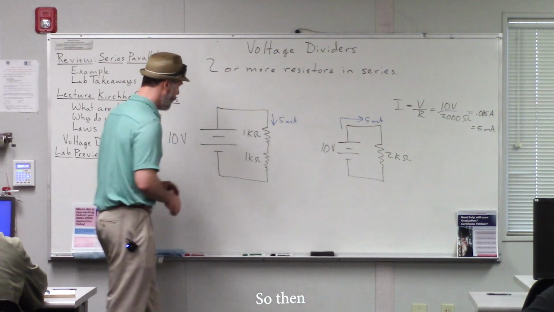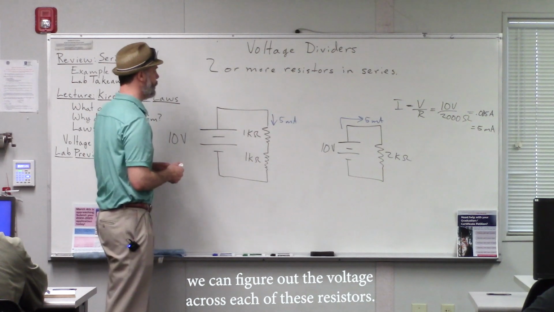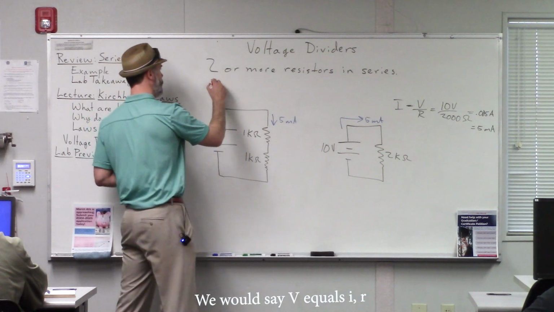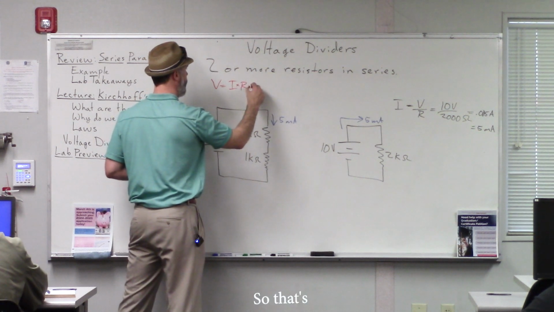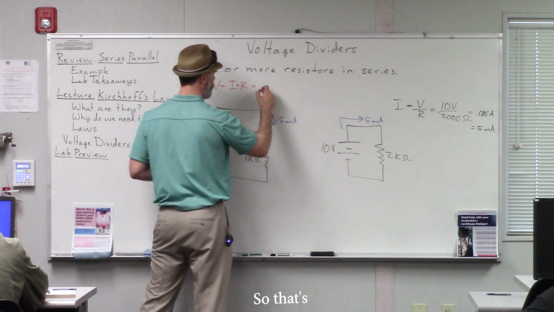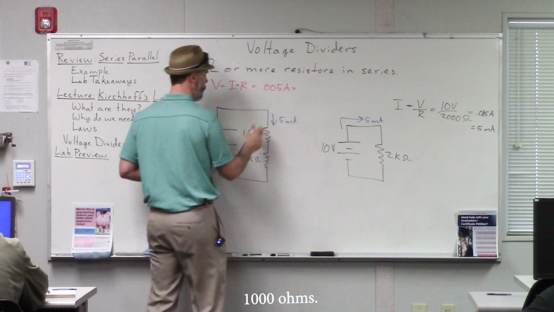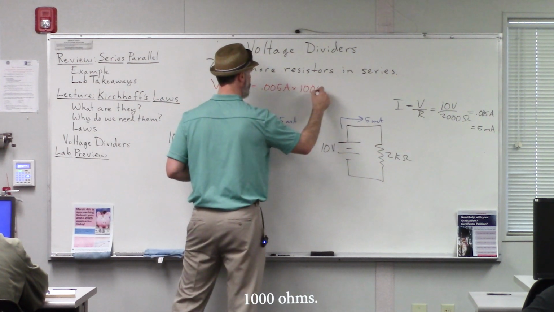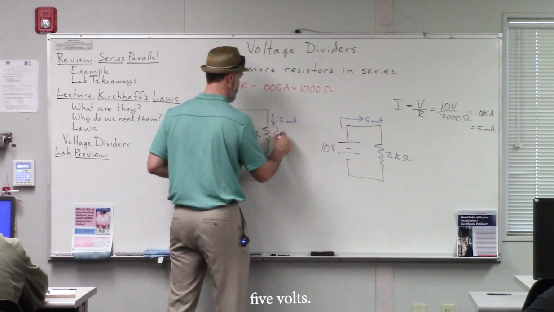So then we can figure out the voltage across each of these resistors. We would say V equals IR. So that's 0.005 amps times 1,000 ohms. So that gives us 5 volts.